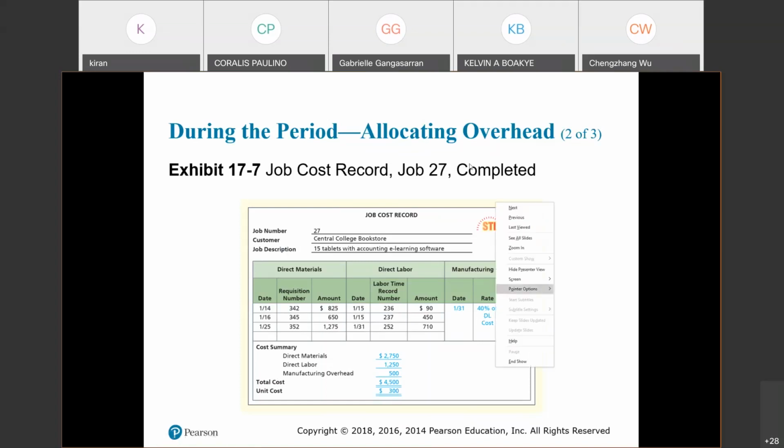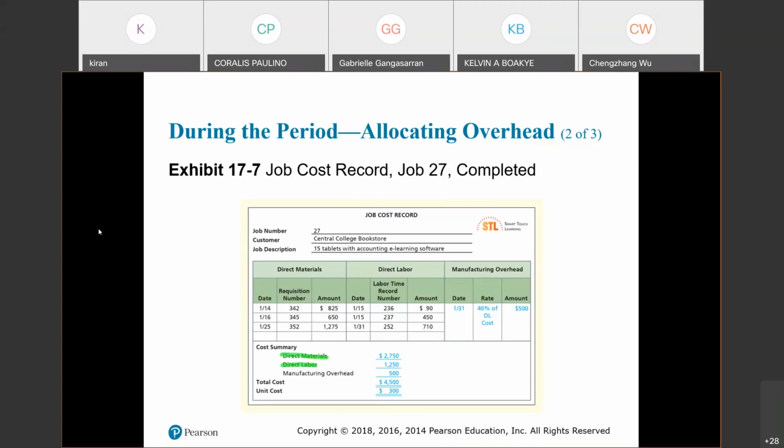So a quick recap. For direct materials and direct labor, they are pretty much straightforward. For direct labor and direct materials, we debit this part to WIP inventory.